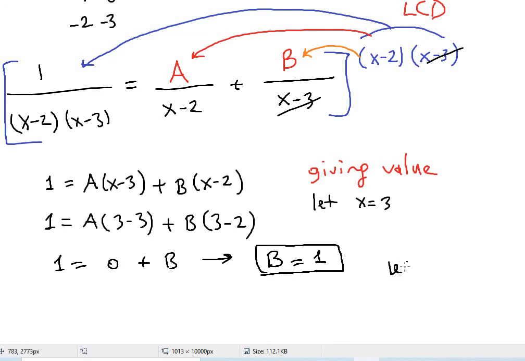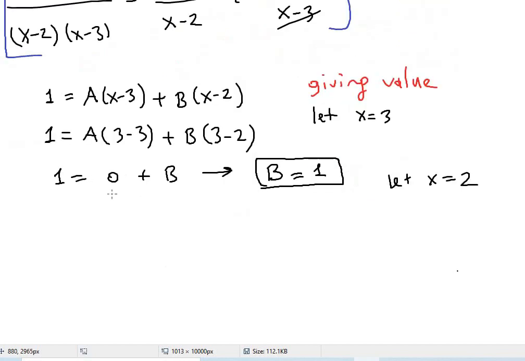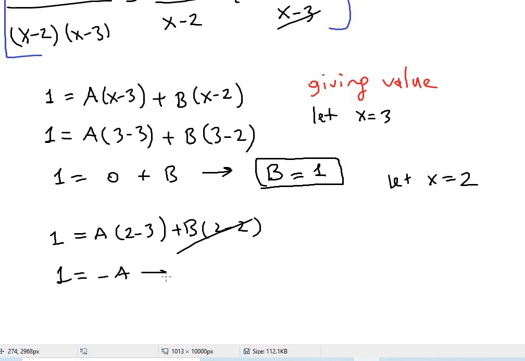And let x be equal to 2 this time. If x is 2, then 1 is equal to A times (2 minus 3) plus B times (2 minus 2). Here this term is gone because 2 minus 2 is 0 times B is 0, and 1 is equal to negative 1A, so 1 is equal to negative A, so here A is equal to negative 1.